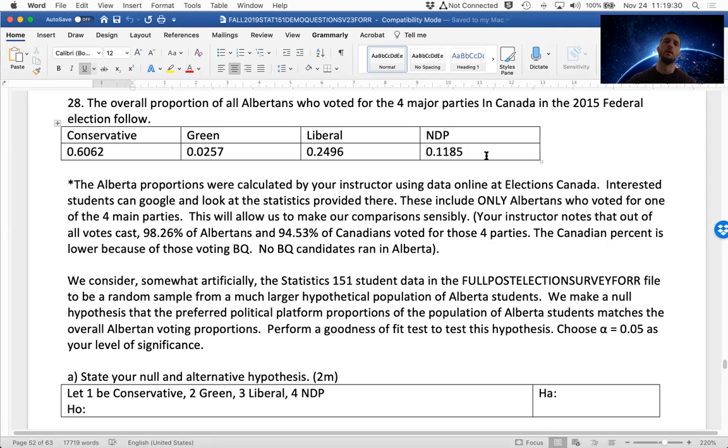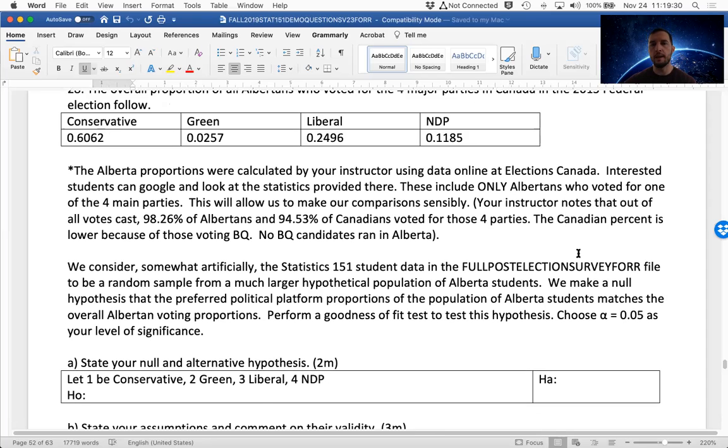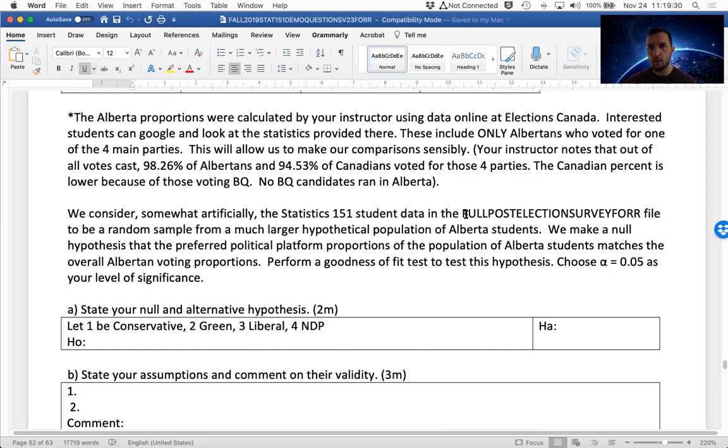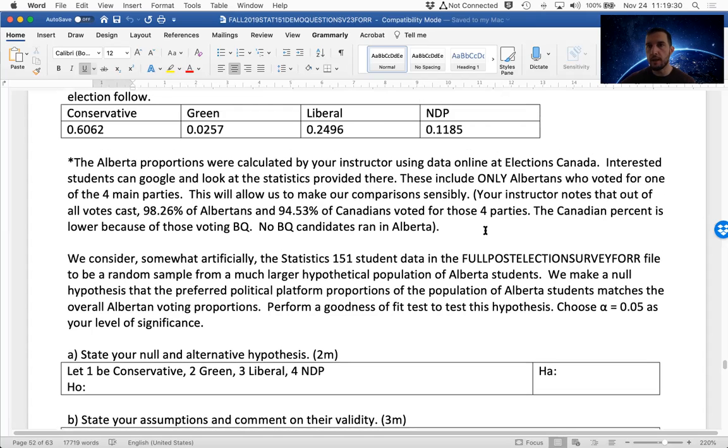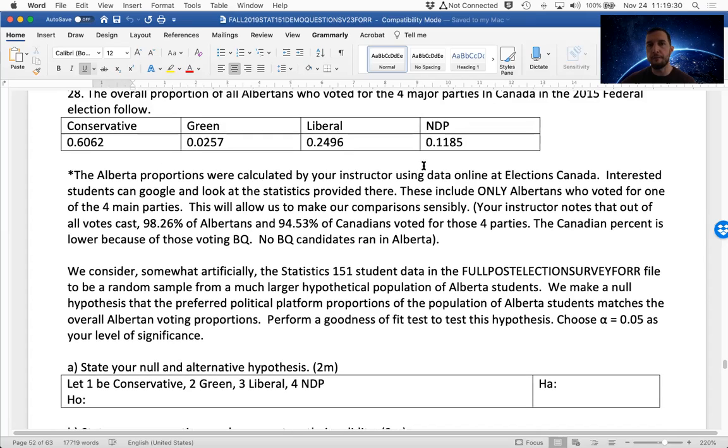Okay. So suppose in the data set where we have the data set full post-election survey for R. Imagine that in that data set, we have a random sample, or we consider that data set to be composed of a random sample of Albertan students. What we are interested in doing is determining if those students in the sample voted in a pattern that follows the distributions given above.